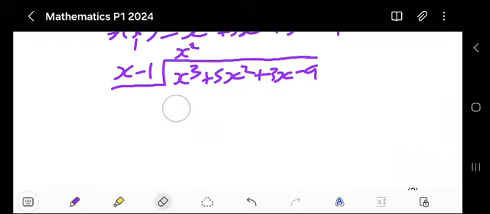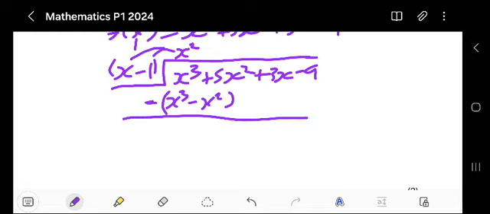Then that is what we have, right? Then here we put a bracket. You multiply by this here. Both those terms in the bracket will be what? If you multiply there, it will be x cubed, then minus x squared. Then you draw a line. Always put the negative here and put the bracket.